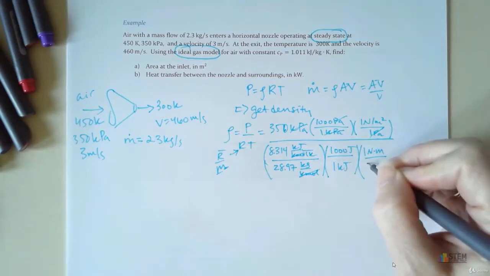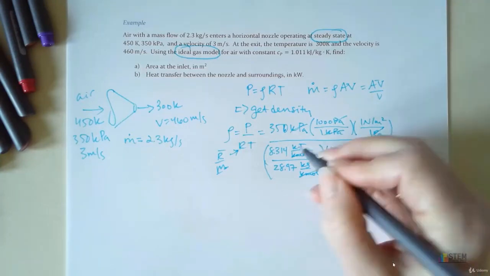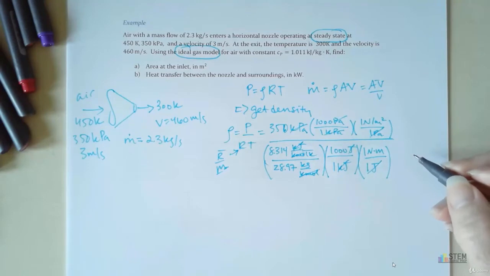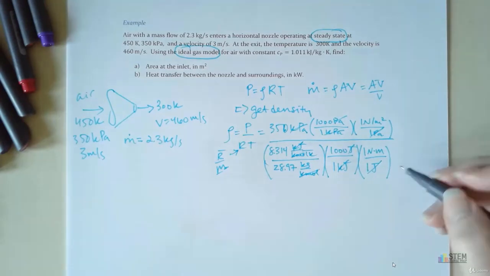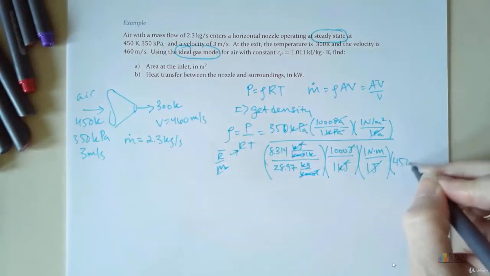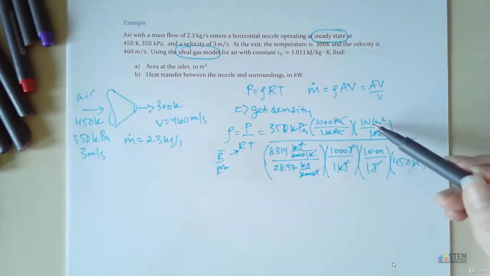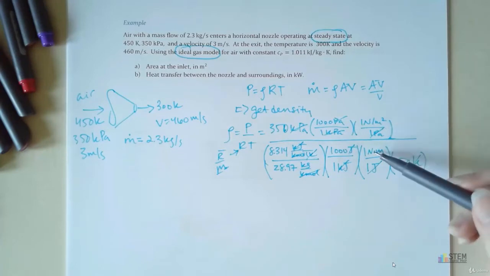So there's 1 Newton meter per joule. This takes care of all of that. And now we need temperature. So our temperature is 450 Kelvin. So now we have that. This K cancels out with that one. Now if you look at your units, you've got Newton per square meter up here, you've got Newton meter here.